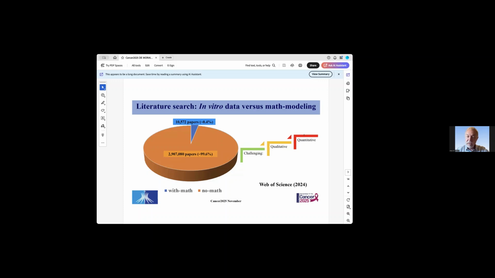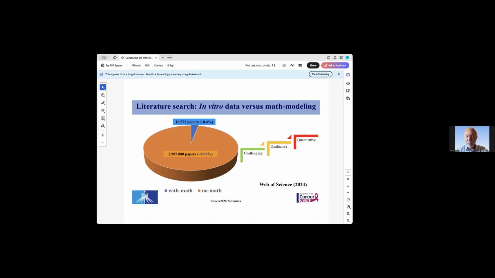The second point is, as you have a mathematical model described by, let's say, one equation, you have to use that equation to fit the experimental data. And then you might need a protocol to perform this curve fitting.